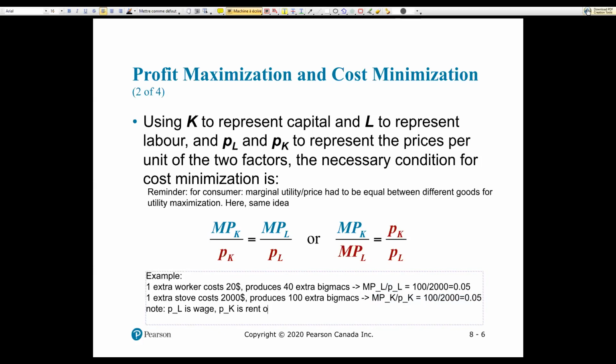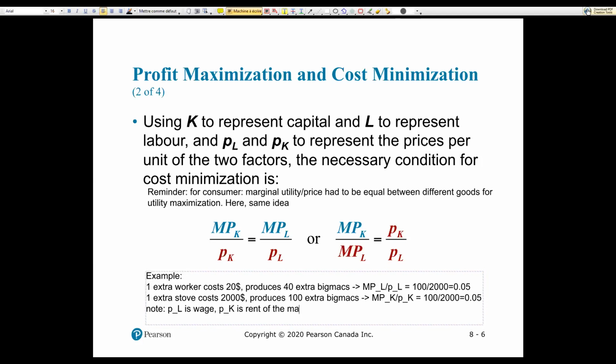So we say rent of the machine. Don't ask me why, but eventually it's rent, because either I rent it to somebody, or I go to the bank, ask for a loan and have to pay interest, and then I can buy this machine. But we always talk about R. So PK is the rent of the machine.